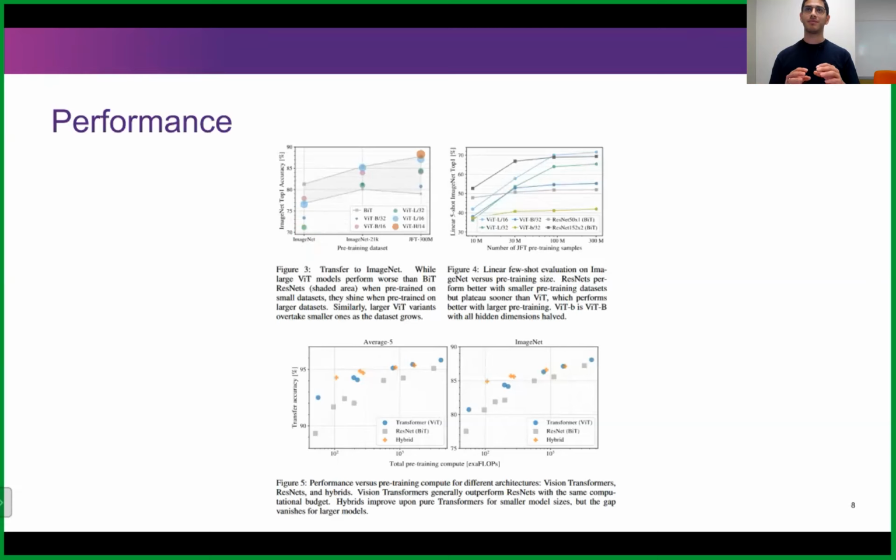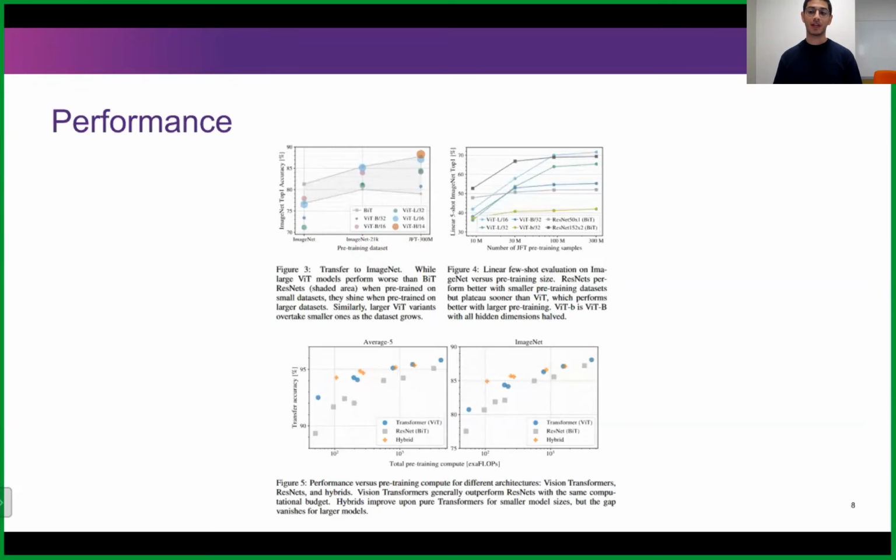So because they're biased to 2D neighborhood structures and natural images have a lot of 2D neighborhood structures, CNNs do a really good job when they're not presented with that much training data, just because inherently they're more suited to this task.